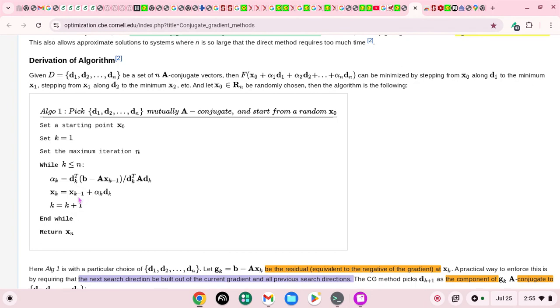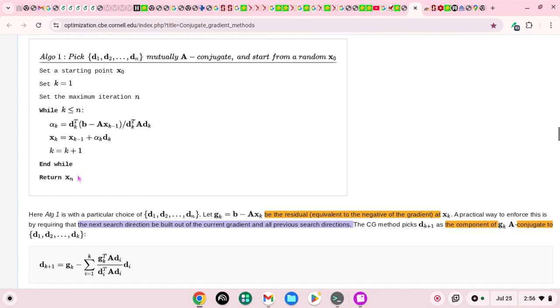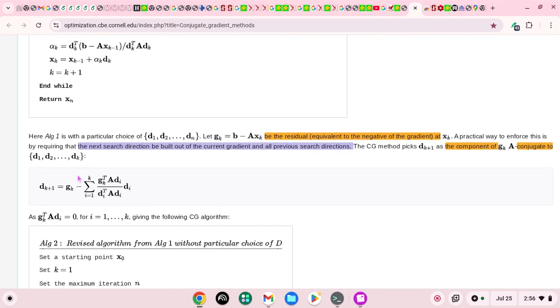Vectors 0 to k minus 1 are utilized to update up to k minus 1, and the present step uses the conjugate direction d_k with alpha_k computed here to update x_k, and this happens until n steps. But as mentioned earlier, the next search directions can be updated sequentially using the current gradient and the previous search directions, and the current direction is nothing but the residual, the negative of the gradient.